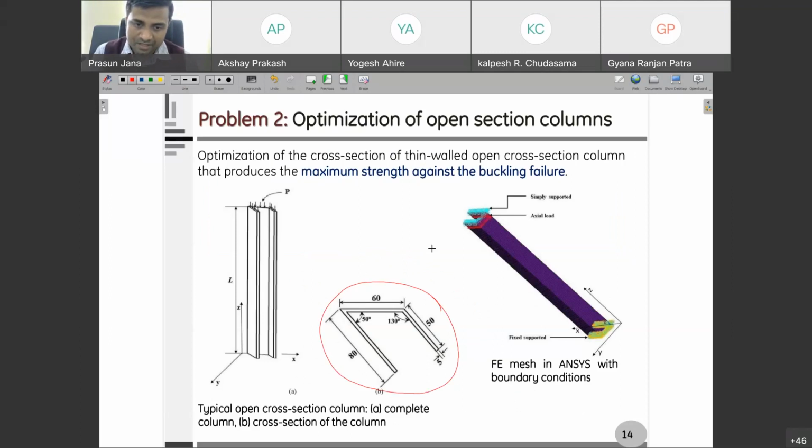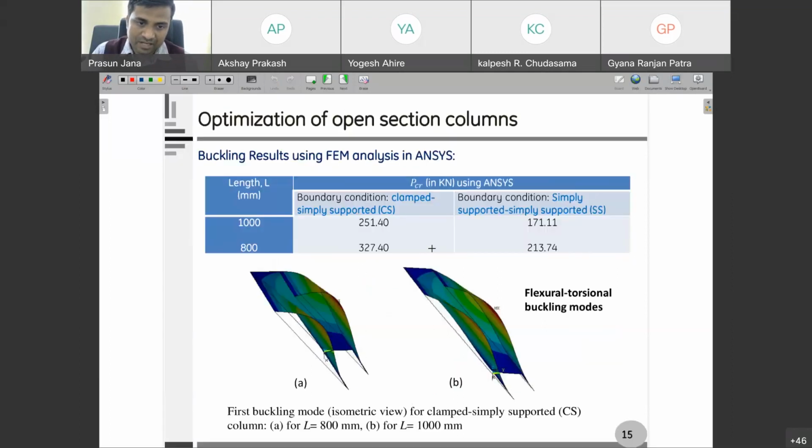So here, this shape, if we try to see what is the buckling mode, then we can see there is actually a flexural mode like this, and also this cross section, you can see somewhere this was here, then here this has become like this. So basically there is a twist happening. So the cross section is rotating if you move along the length, and the mean position of that cross section also is having some flexural mode. So this is called flexural torsional buckling.